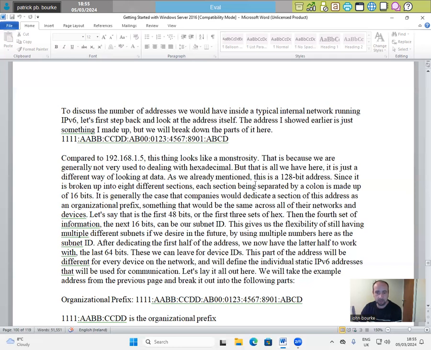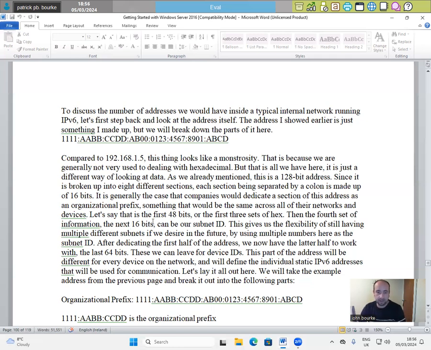As we already mentioned, this is a 128-bit address since it is broken up into 8 different sections. Each section, separated by a colon, is made up of 16 bits. It is generally the case that companies would dedicate a section of this address as an organizational prefix, something that would be the same across all of their networks and devices.